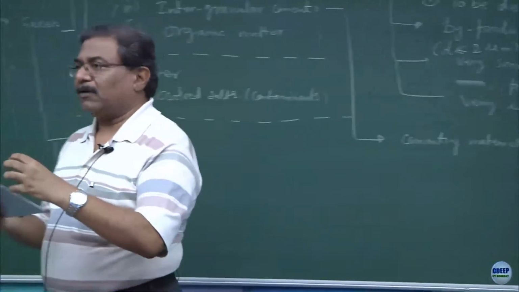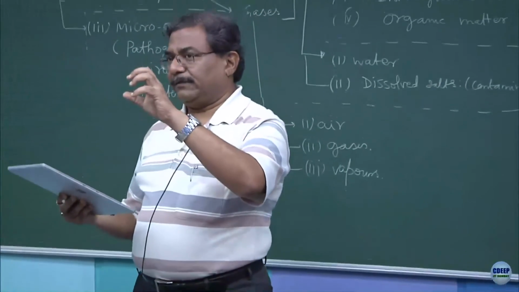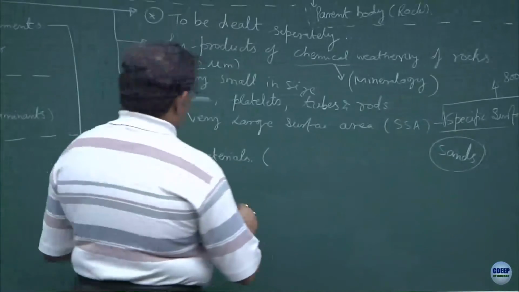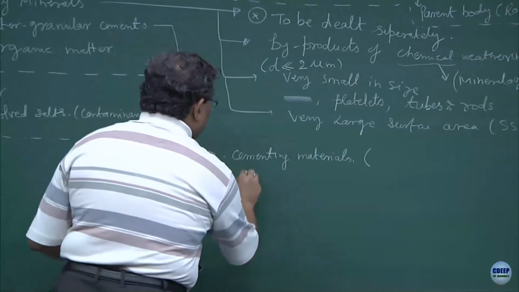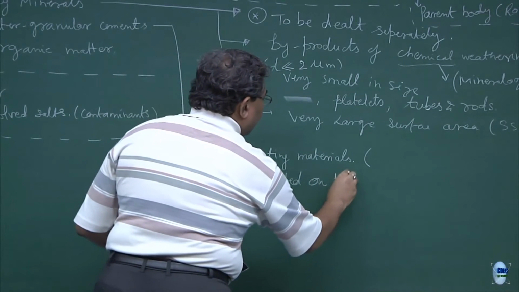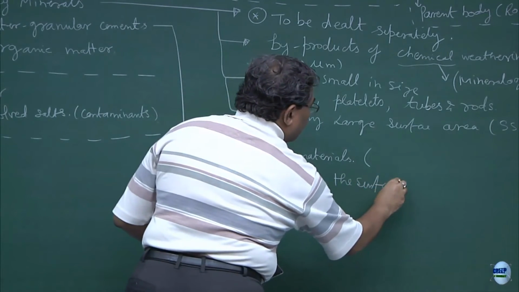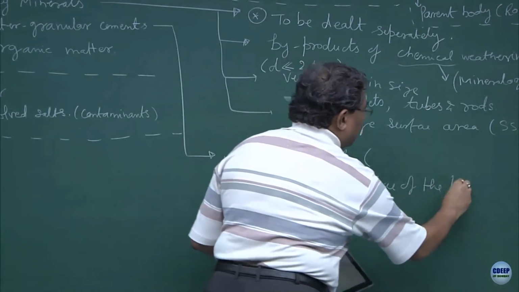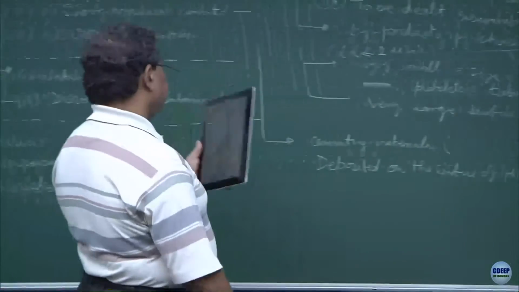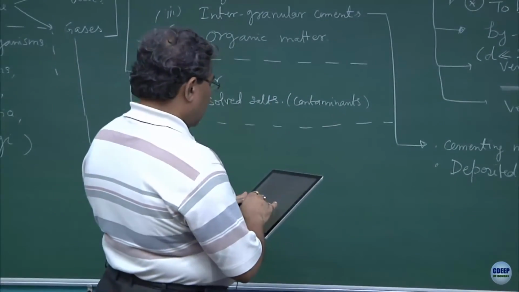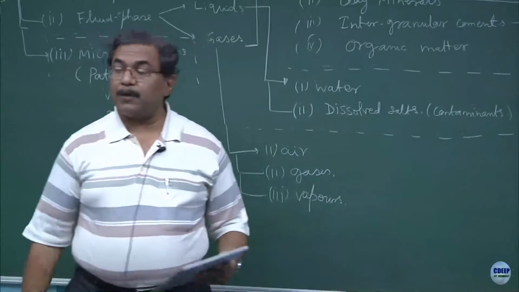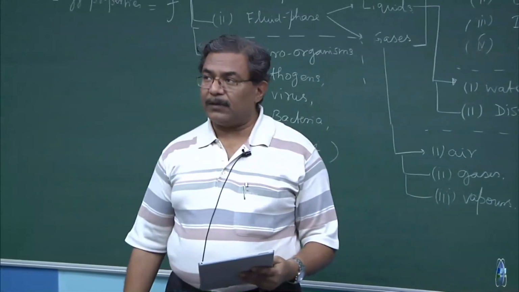When two particles come in contact with each other, they become a unit, they get cohesed. Basically, this is deposited on the surface of the particles. Cementing materials or intergranular cements are responsible for imparting strength to the soils.